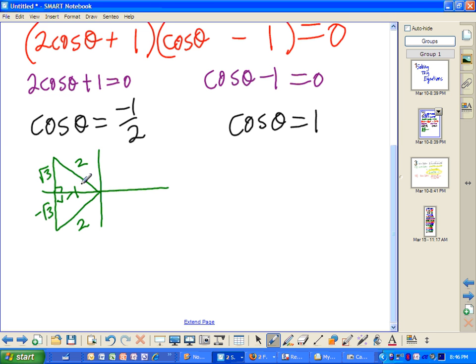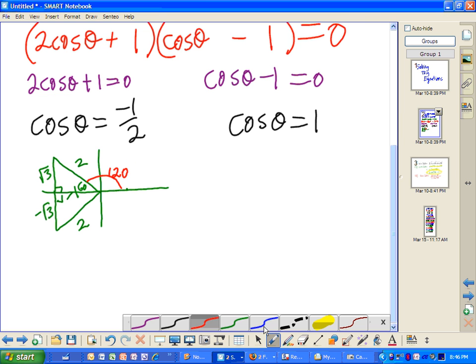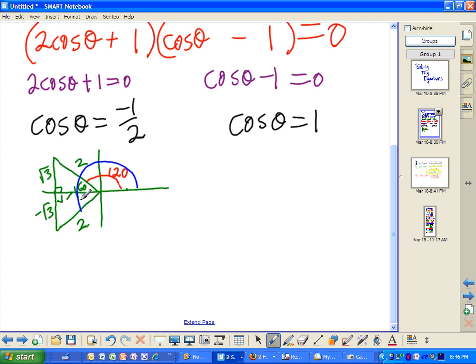So I know that this is 60 here. So if I look at this angle, that's got to be 120. And if I look at this angle, that's going to be 180 to there, and then 60 more, so 240. So theta could be 120 degrees, or theta could be 240 degrees.